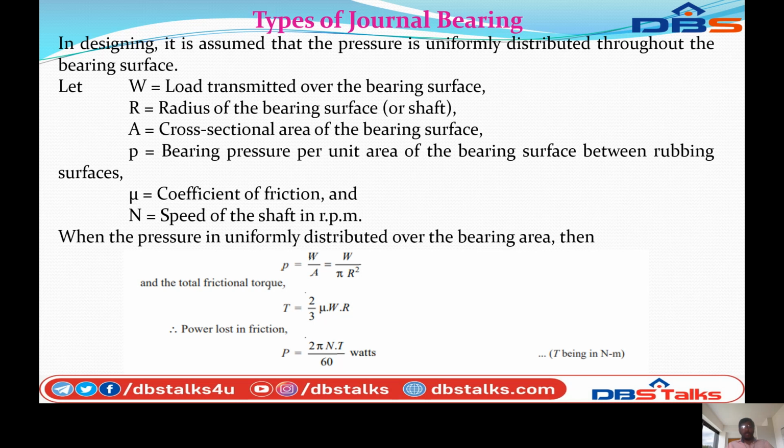That equals W by pi R squared, and the total frictional torque T is equal to 2 by 3 into mu into W into R. Therefore, the power loss in friction P is equal to 2 pi N T by 60. So the unit of power is watts.